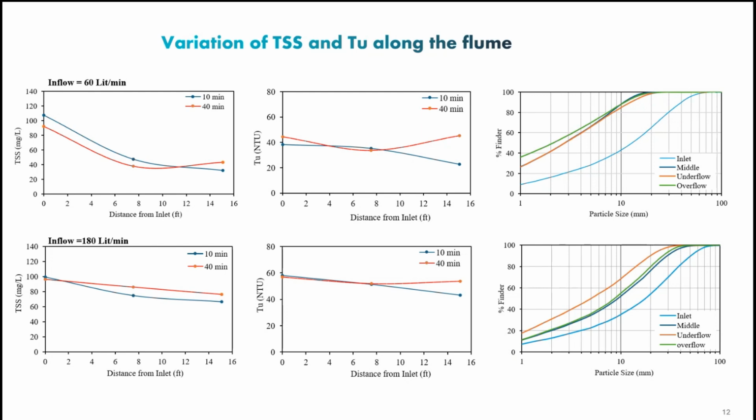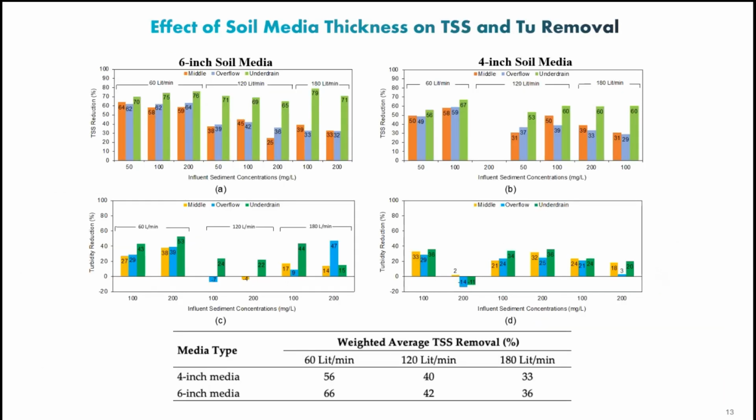Next slide, please. So this is basically looking at the many variations of scenarios that we had. On the top left, you're looking at the 6-inch soil media. On the right side, we have the result for the 4-inch soil media. So I packed everything into one slide here.